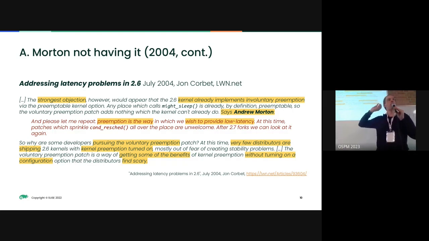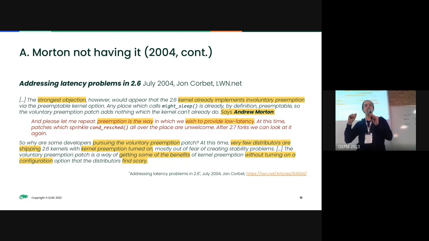And then Jonathan offers an interpretation of why people are writing voluntary. So why are some developers pursuing the voluntary preemption patch? At this time, very few distributors are shipping 2.6 kernels with kernel preemption turned on, mostly out of fear of creating stability problems.